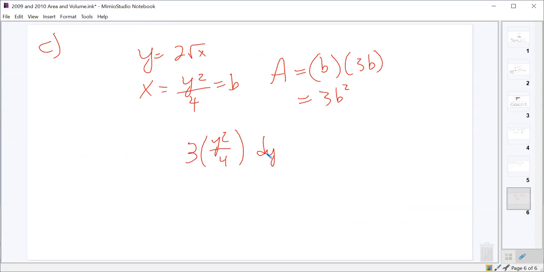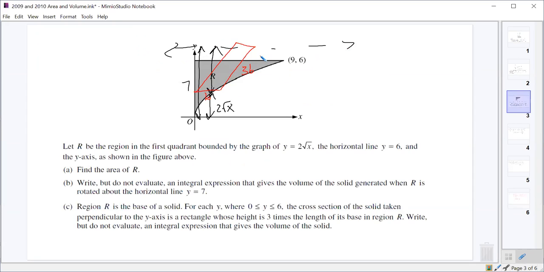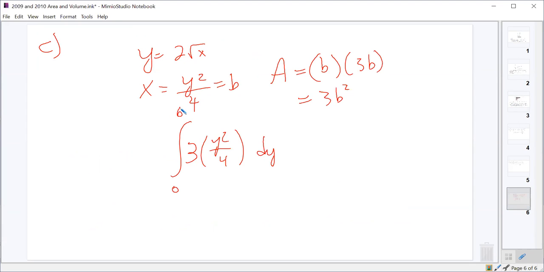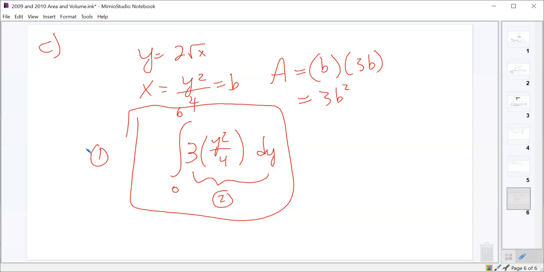And then we will integrate that from the lowest y value, which was 0, to the highest y value, which was 6. And I don't think it asked to evaluate, did it? No, it didn't. So 2 points for having the right thing inside of here, and 1 point for having it all set up correctly with the right limits on the integral and having your dy.